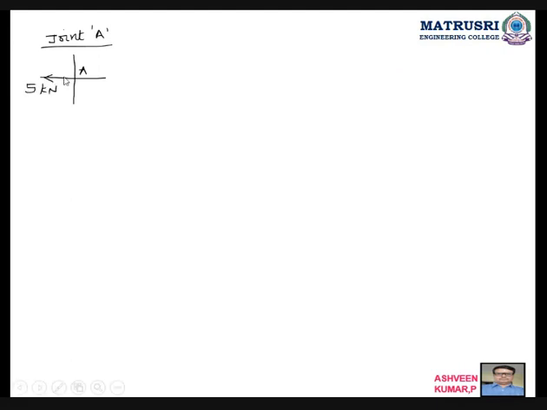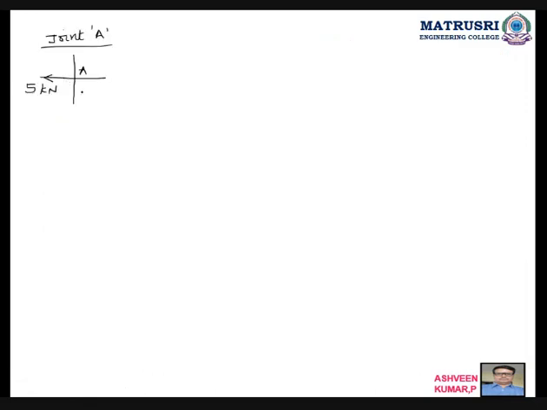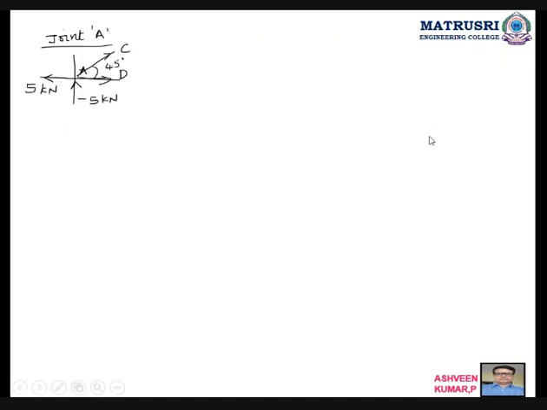Then VA is equal to what we got, minus 5; I'll take it as it is so that there is no problem for you. So this is D, then this is C. What is this angle? 45. How can you say it is 45? Because tan inverse of 4 by 4 is 45.